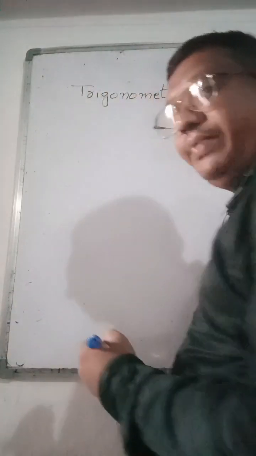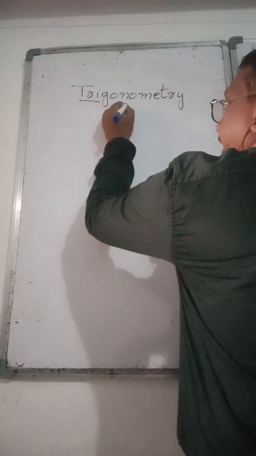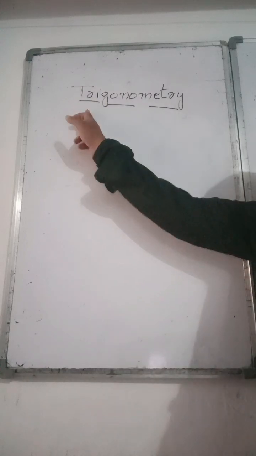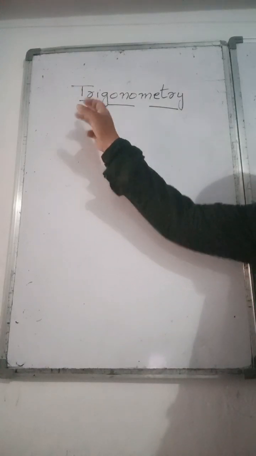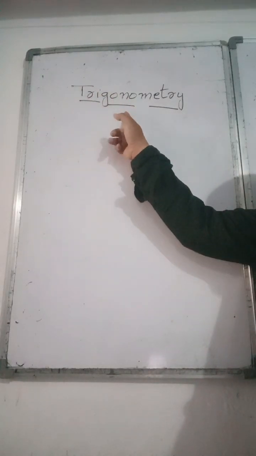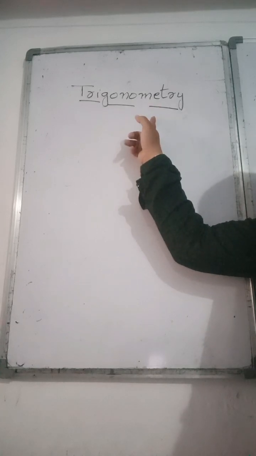So trigonometry. Trigonometry means, as you know, tri means three, gono means corners, and metry means measurement.